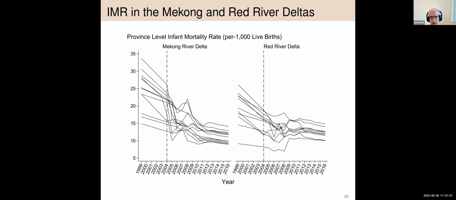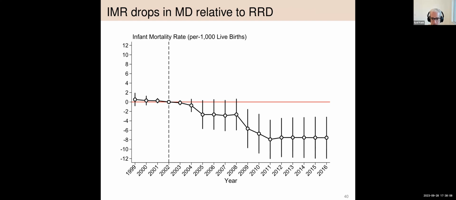So something clearly changed in the Mekong River Delta right around the timing that this program was launched, when this policy was put in place to convince farmers to use fewer insecticides. And we actually are seeing pretty sharp reductions in infant mortality in the Mekong Delta relative to the Red River Delta around that time. So this is an example of using the benefits from biodiversity as a way to substitute for insecticide use and gaining health benefits.